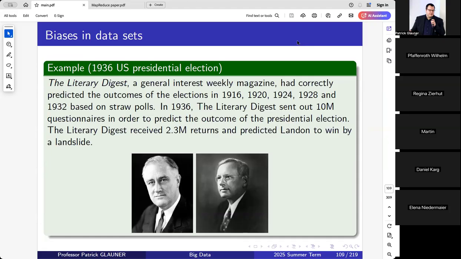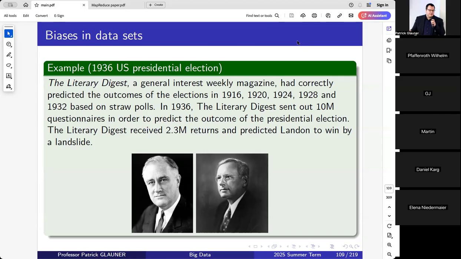And there was a very famous magazine at that time, the Literary Digest, a general interest weekly magazine that was very popular. They had predicted correctly the outcome of the 5 past elections, 1916, 1920, 24, 28, and 32. And they did straw polls.